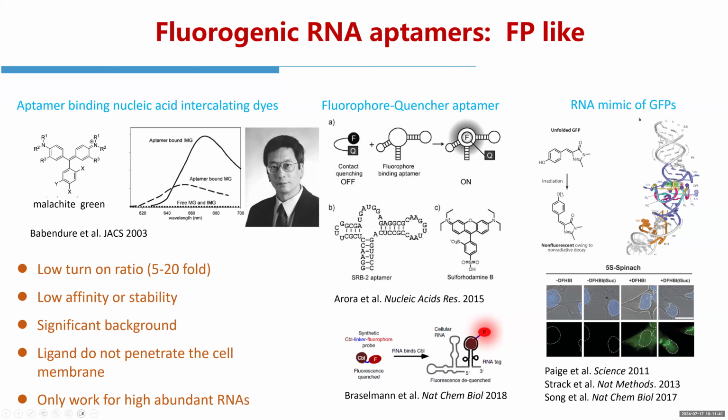So Samie Jaffrey at Cornell and co-workers pioneered RNA mimics of GFP. These are aptamers that specifically bind to non-fluorescent analogs of the GFP fluorophore and activate its fluorescence. This fluorophore can diffuse easily into cells and fluoresce when the aptamer is expressed in these cells. However, their fluorescence appeared to be dim and works only for highly abundant RNAs.